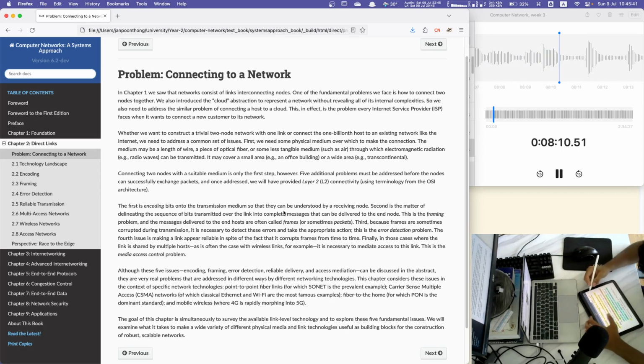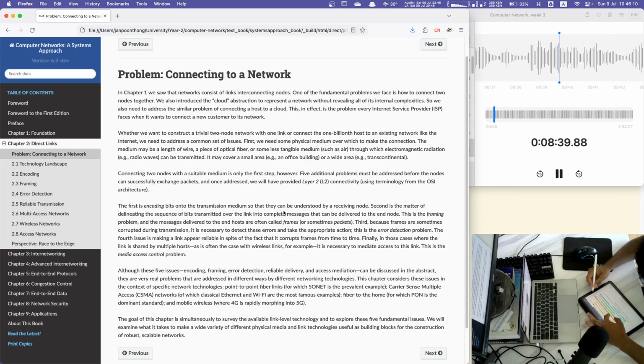The physical medium may be a length of wire, cable, or optical fiber, or a less tangible medium such as air, through which data bits are transmitted via electromagnetic radiation.